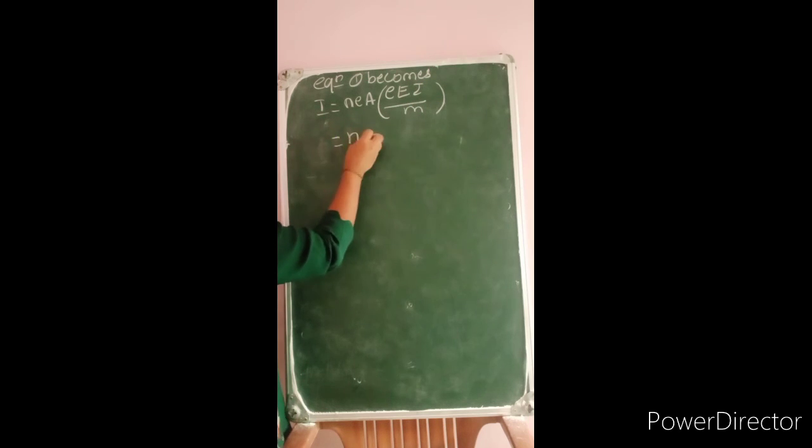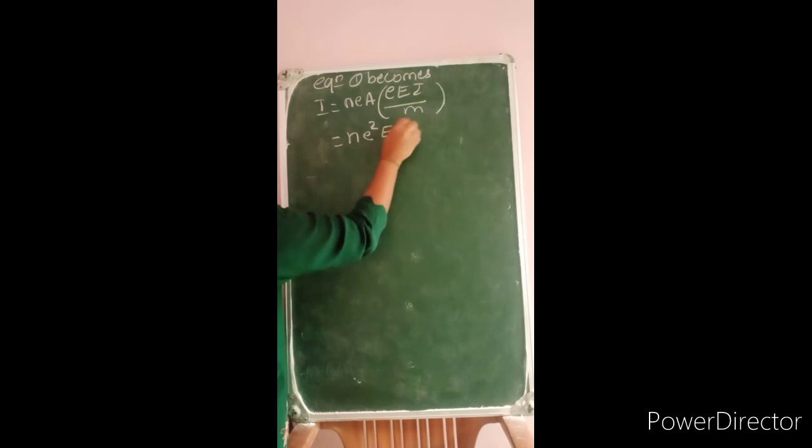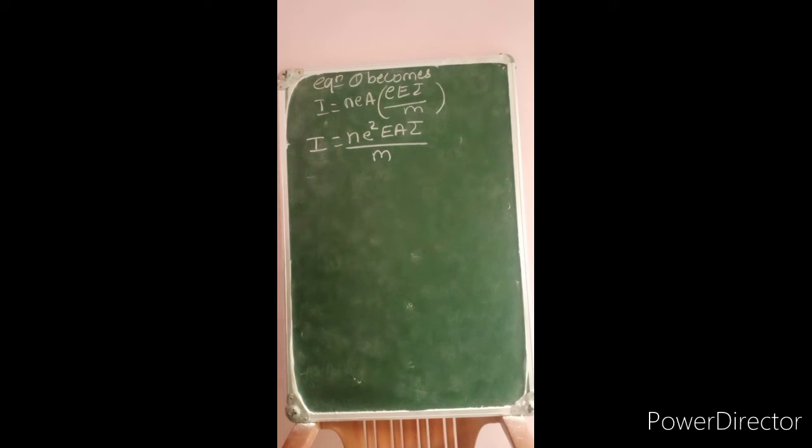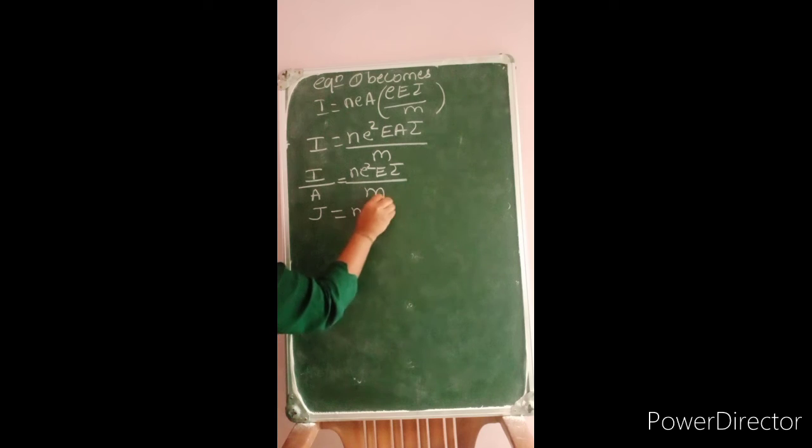This can be rearranged as I divided by A is equal to n e square E tau divided by m, where I by A is nothing but J. So J is equal to n e square E tau divided by m.